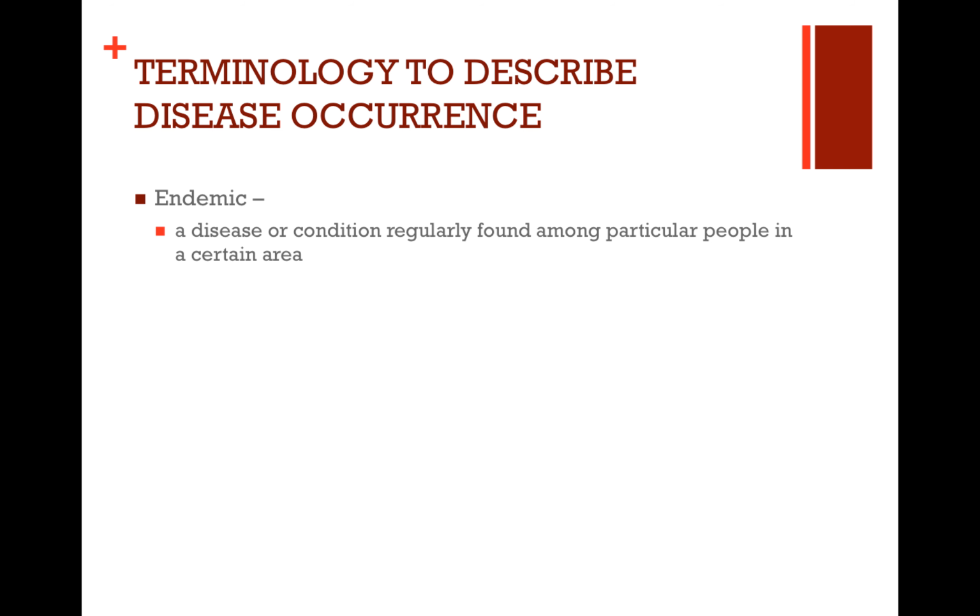So for example, in the United States, we have cold and flu season. So if you think about this area in and around New Jersey, typically we think of cold and flu season as running from November to April. And with that, we expect, as epidemiologists and those in the health field, that there will be a certain number of cases of flu each year.